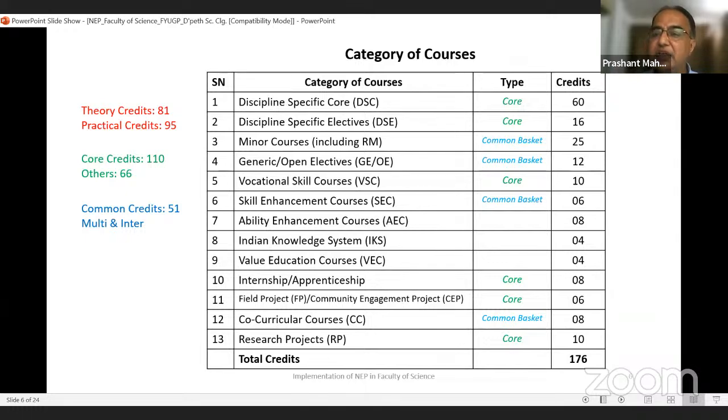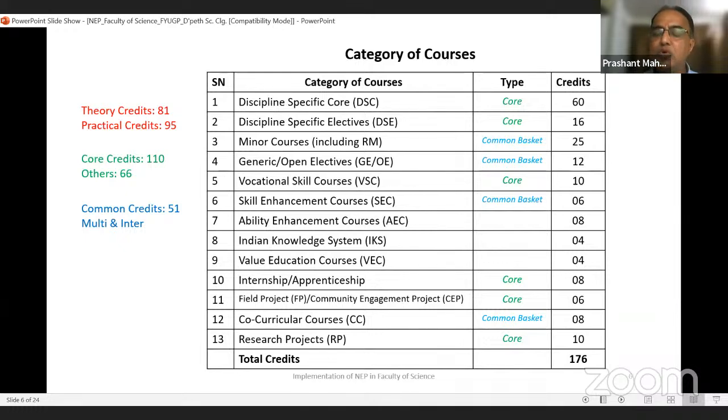In the GR, it is written that it should be excluding minor also. I will explain this to you, because we are offering open electives in the first semester and second semester. I am offering skill enhancement course right from the first semester. Then putting this clause that open elective should not be related to your minor becomes invalid, because we are allotting minor in the third semester.